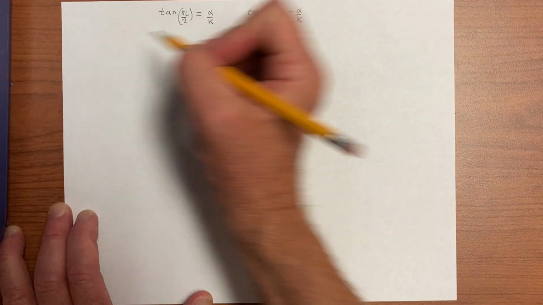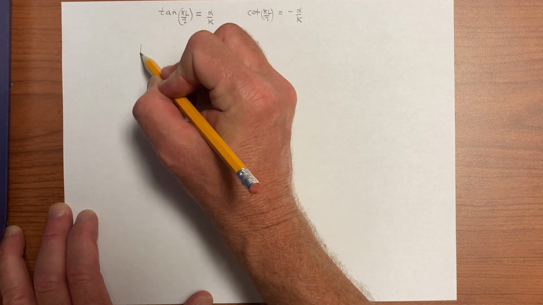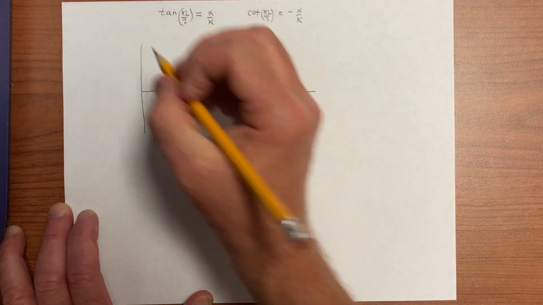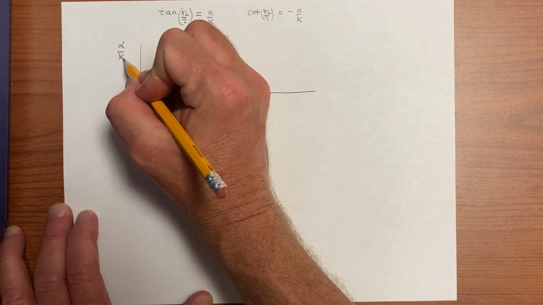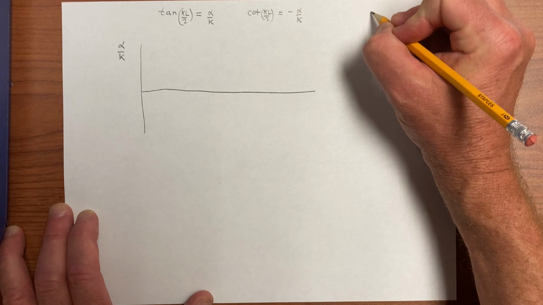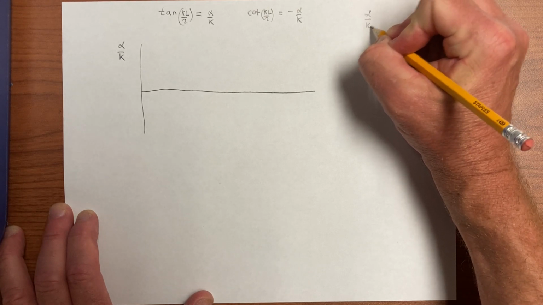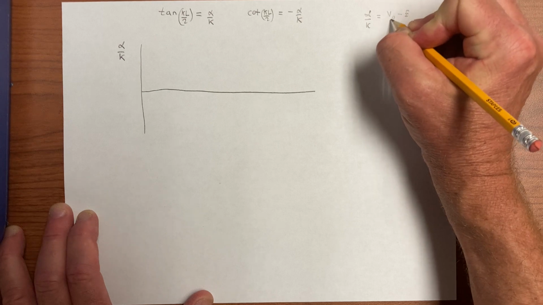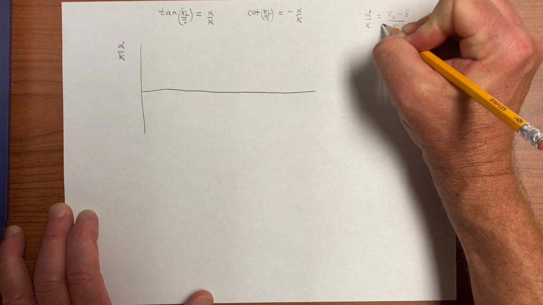So let's first think of alpha over K. Alpha over K is the square root of V naught minus the energy, over the energy.